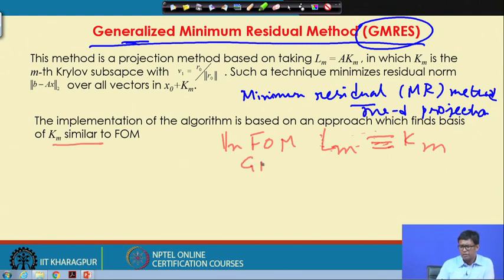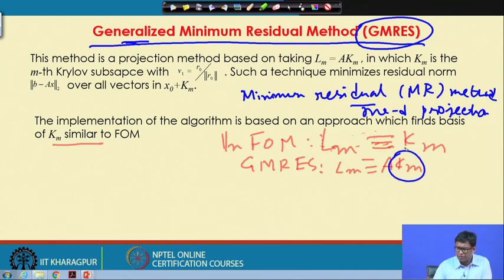However, in GMRES we will find Lm which is not Km, rather is equal to A Km. But how will we find Km? That will be the same as FOM.